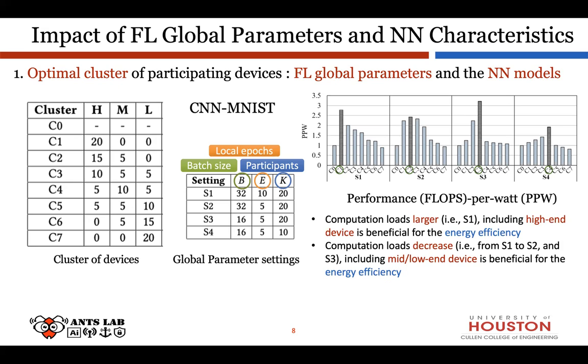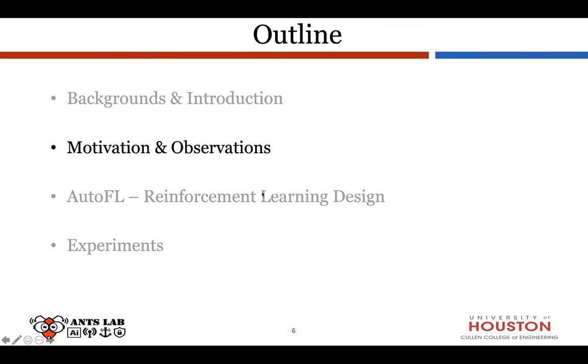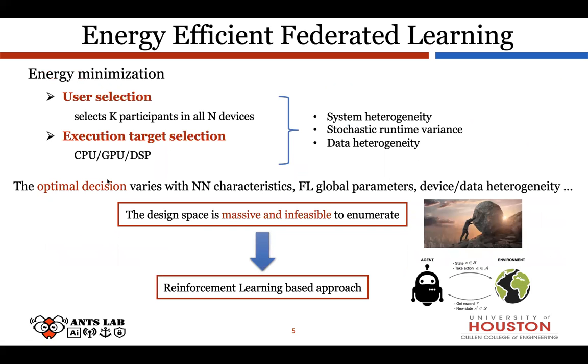Okay, so for example, if we have one setting, actually we don't know what the optimal cluster of this setting is. We need to learn that. The optimal decision varies with lots of components, and it cannot be determined by some optimization method. That's why we need reinforcement learning to learn it.